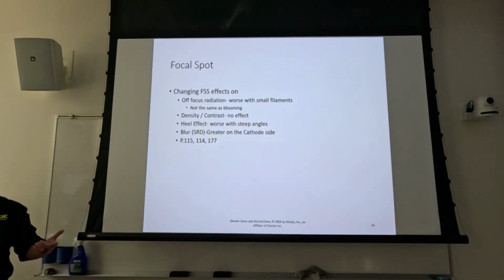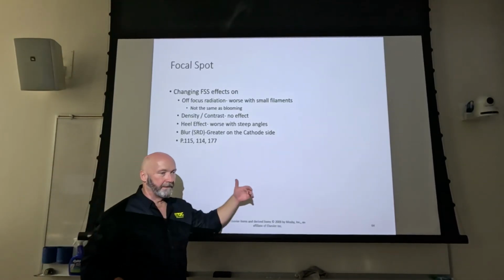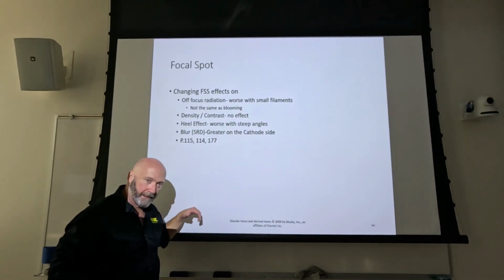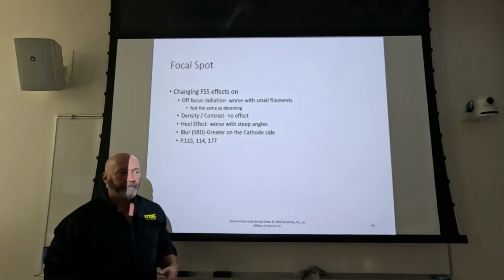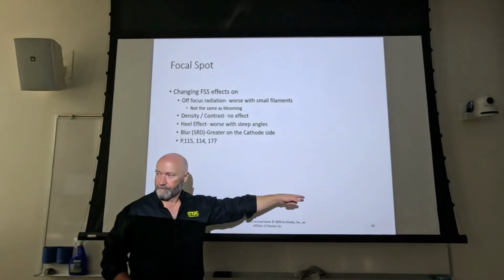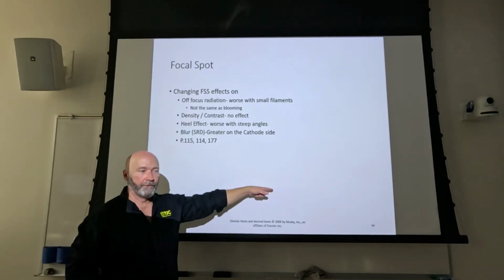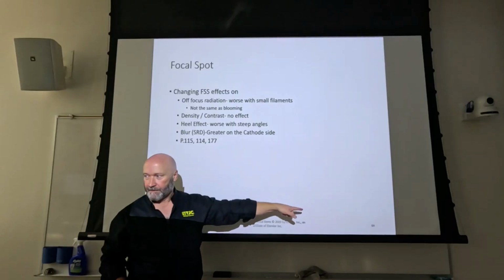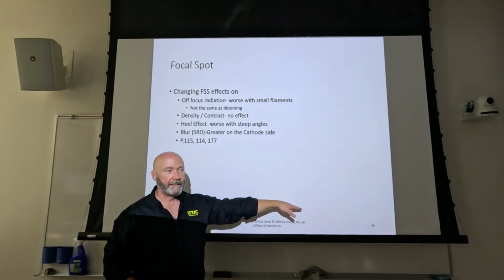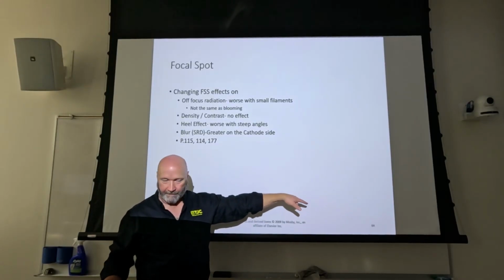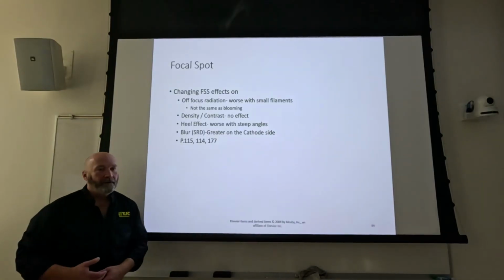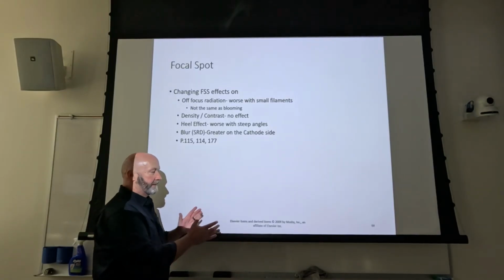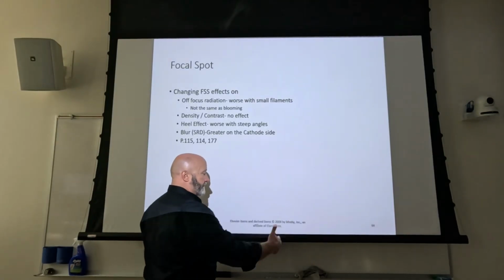So how we use that is we would put the thicker end of the anatomy under the cathode end of the X-ray tube, thinner end of the anatomy under the anode end. So we're doing feet. Toes are down here, ankles over there, right? We're doing T-spine. C-spine end is over here, abdomen end is down there, right? Greater intensity going through thicker tissue. The one thing about the anode heel effect is that the further out it goes, the worse it gets.